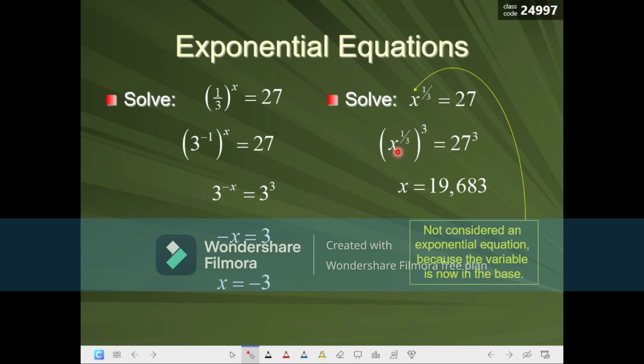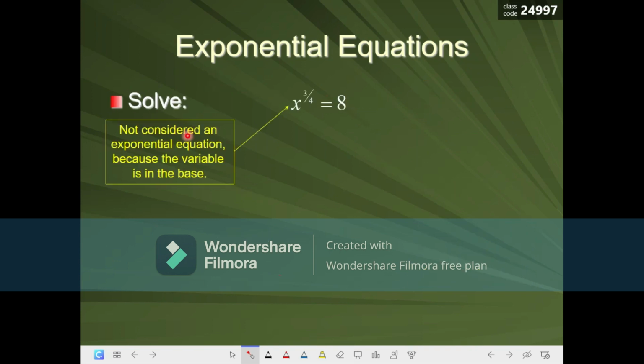So 1/3 times 3, that is 1. Therefore, the exponent of x is already 1. Then 27 cubed, that is 27 times 27 times 27, that's 19,683. So that is how you're going to solve for x if you have an expression like this. Although this is not an exponential equation, if you catch yourself facing this kind of problem, this is how you're going to solve it.